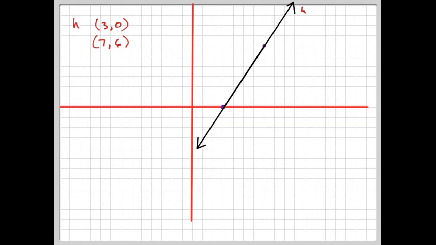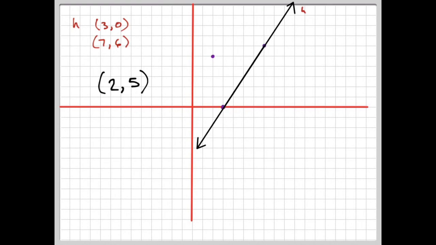They want us to graph a line perpendicular to h that passes through the point 2, 5. So it needs to pass through the point 2, 5 right here and be perpendicular to h. Now, we know that if they're perpendicular, then they have opposite reciprocal slopes, right? So if we can find the slope of h, then we can use that to find the slope of our new line, right?